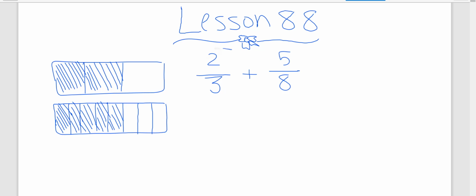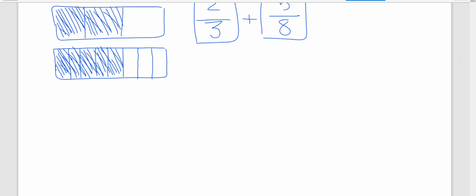We can't add these bars together because they are cut into different sizes. These sizes are not the same. To add them together, we must cut them into the same size.